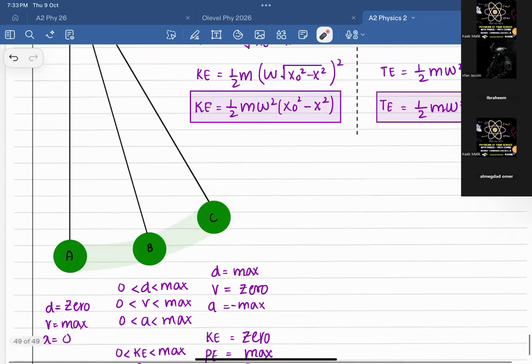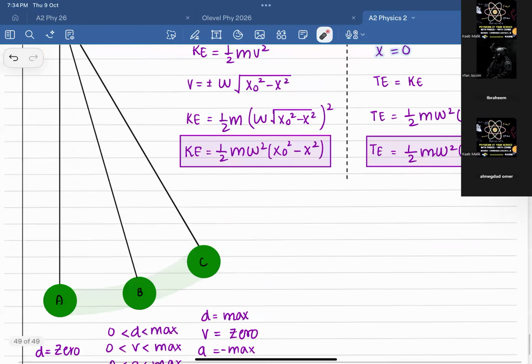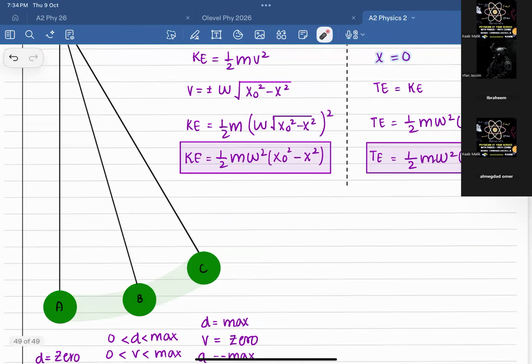But if you look closely at this formula, it contains nothing that changes as the oscillation moves on, or as a pendulum moves from one position to another, right? Everything is constant, right? Because if you have a system that is oscillating, it will have a fixed amplitude, a fixed frequency, a fixed time period, a fixed mass, right?